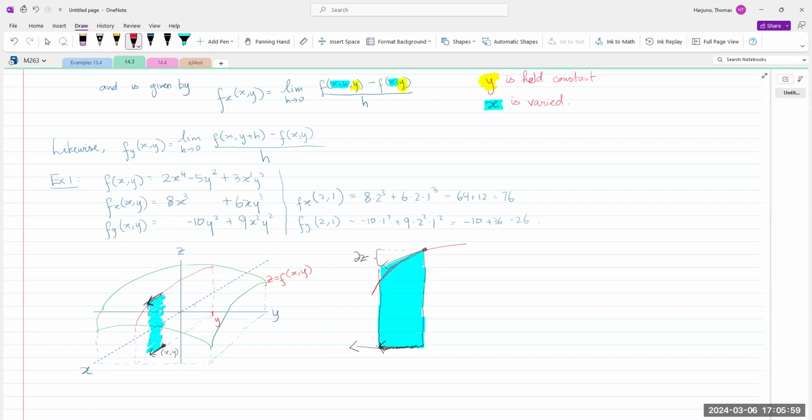But when we say the partial z partial x, it refers to how far the value will go down if we set the delta x to be 1. Okay, that's what it means.